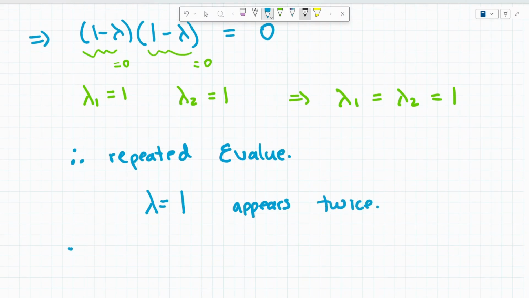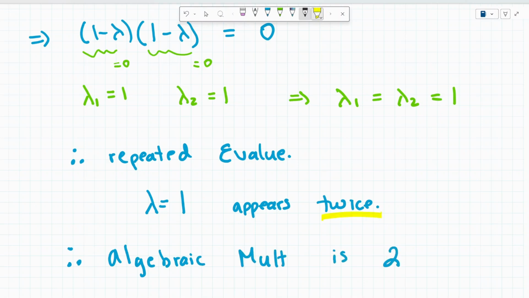So then we have that the algebraic multiplicity is 2, because it appears twice. Okay, so we have a repeated eigenvalue. That means it appears twice as the root, which means that the algebraic multiplicity is equal to 2.